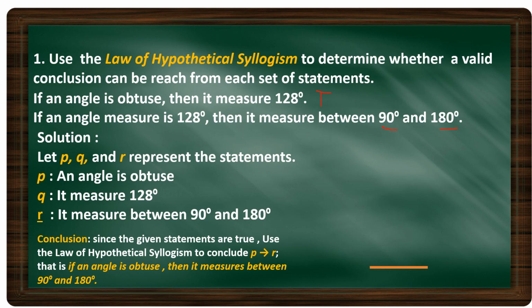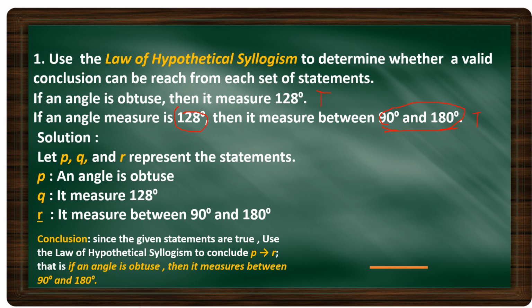Then, we have here, if an angle measures 128 degrees, then it measures between 90 and 180 degrees. It is also true. Kasi nga po, yung 128 degrees ay nasa pagitan ng 90 and 180 degrees.